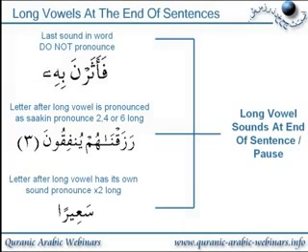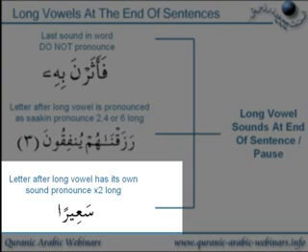And the last case is the letter after the long vowel has its own sound, pronounced as 2 long. Here's the example: sa'ira. That last ra is 2 long, and that will be covered in another lesson. However, pretend we're stopping.